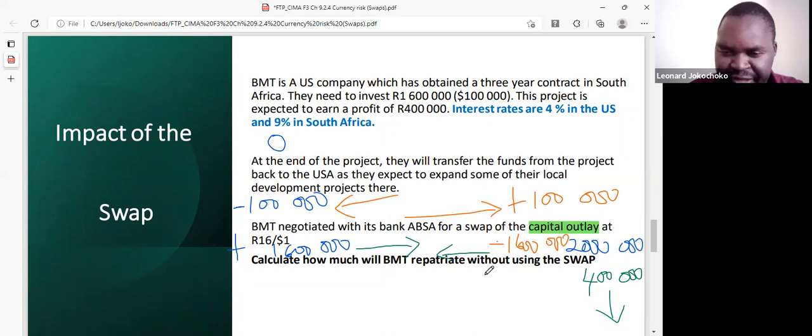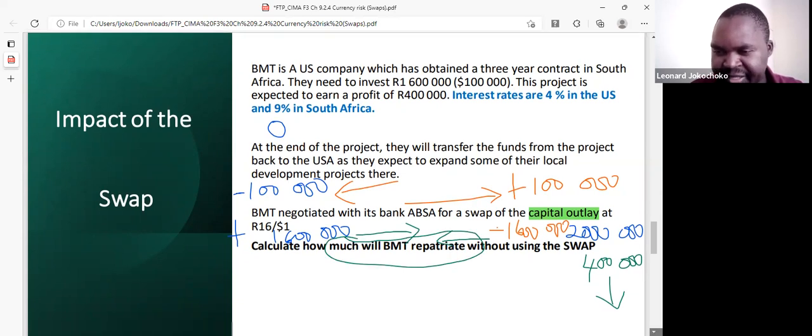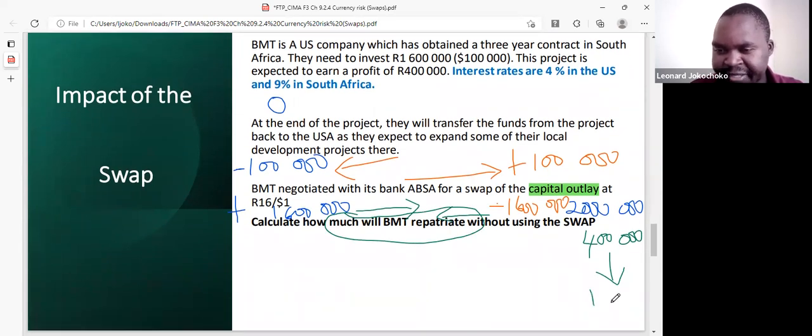Therefore, if I want to see how much BMT will repatriate back to the United States, I'll convert the 400,000 at the exchange rate of 18 Rand 42. In this case, 400,000 divided by 18.42 will give us a US dollar profit of 21,760.